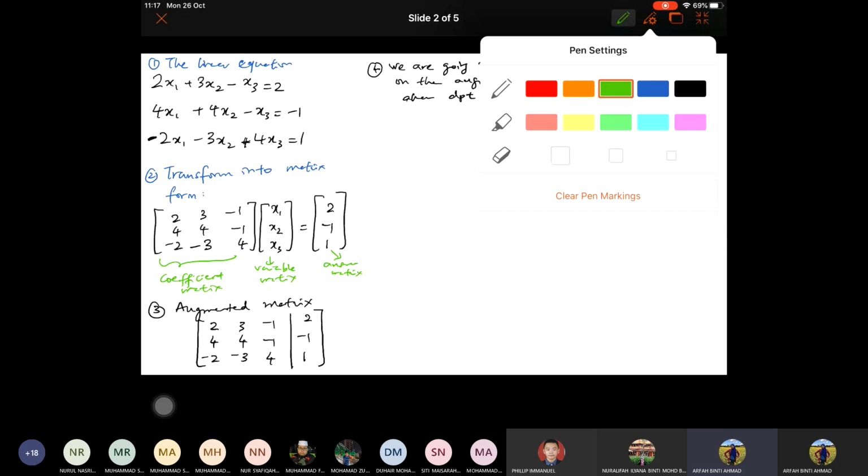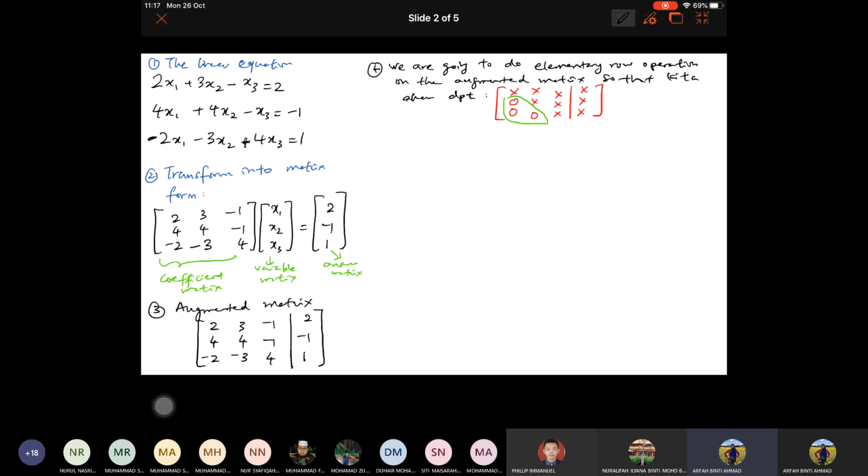terhadap augmented matrix. So you copy your augmented matrix. Susah pula aku nak sebut. 2, 4, negatif 2. 3, 4, negatif 3. Negatif 1, negatif 1, 4. 2, negatif 1 and 1. Okay. So, this is your augmented matrix.